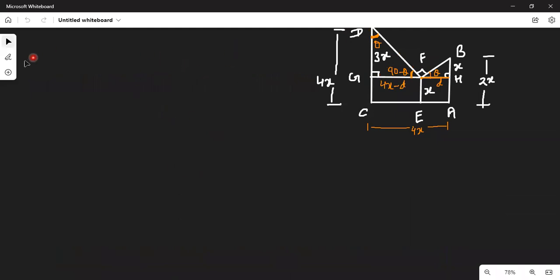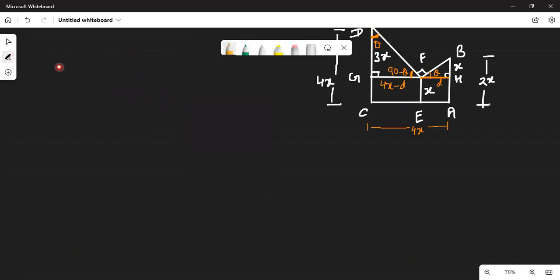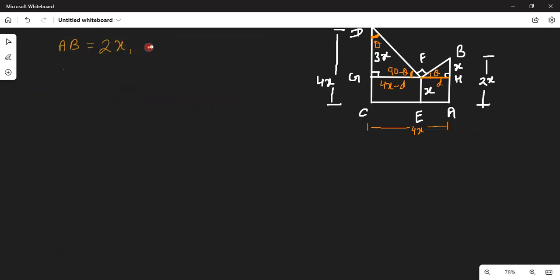All right, let's begin. We are going to take these two triangles. Let's start with the triangle DGF. Let's first write all these things. We have AB as 2x. We have DC as 4x.